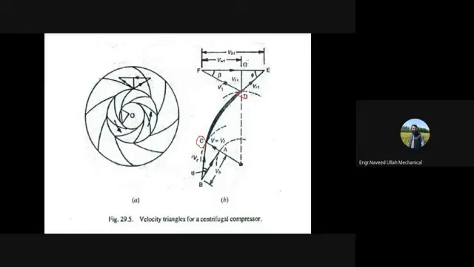From here to here, this is a single blade of the impeller, separated from this centrifugal compressor and impeller, and shown over here. So this is the same blade. The working fluid enters at C, and it leaves at D.